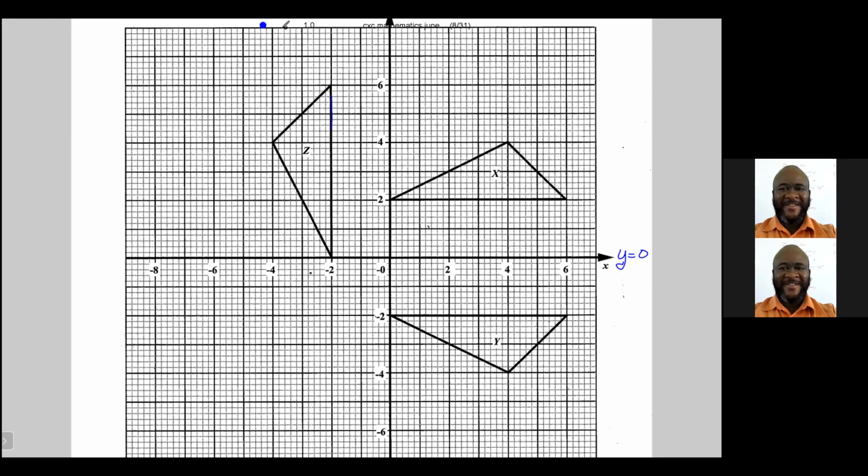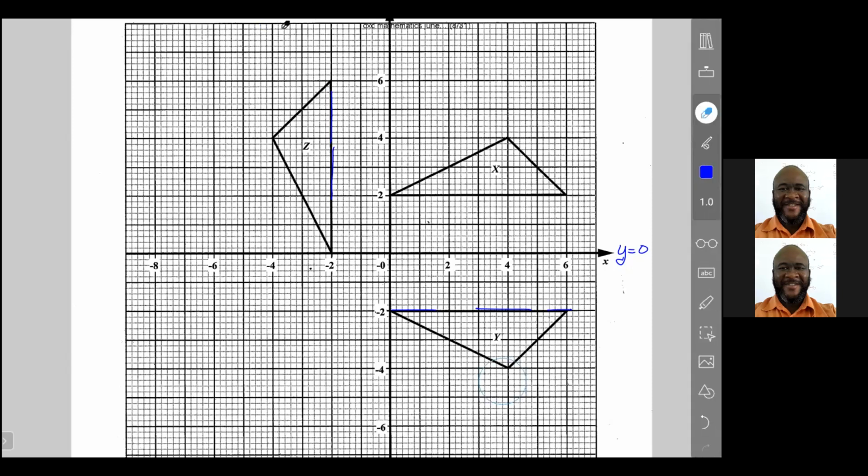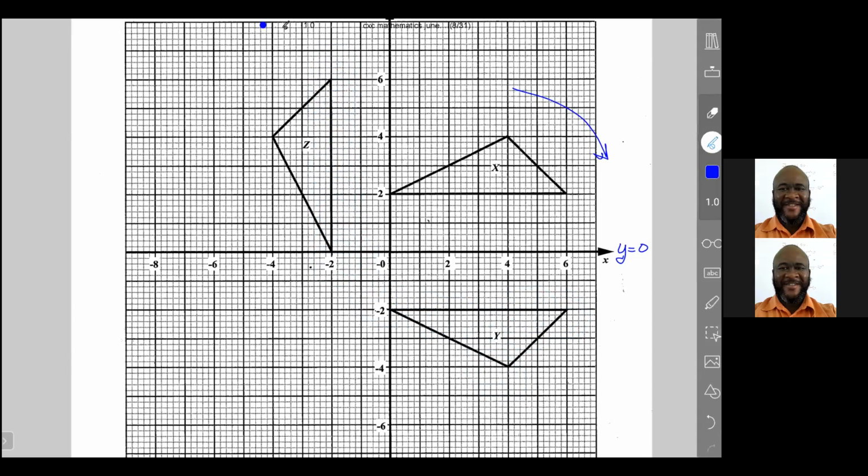Well, my first clue was this vertical line here became horizontal, and that happens in a 90-degree rotation. And the direction of the rotation is this direction, which is what? Clockwise. It's a clockwise rotation. So let's answer the question.